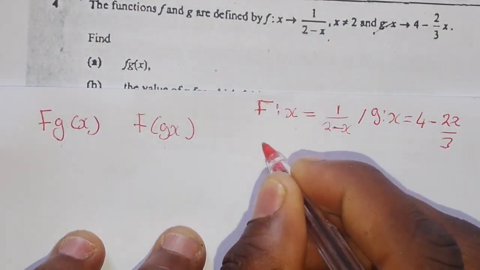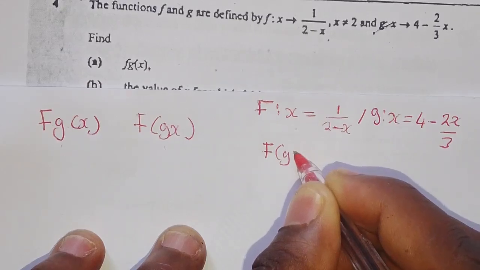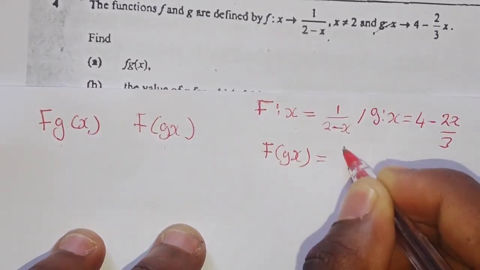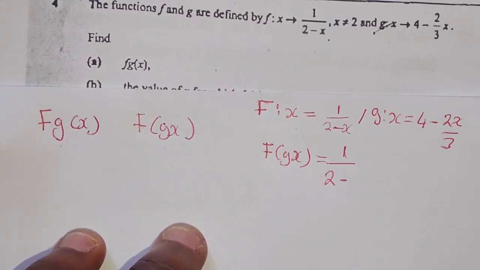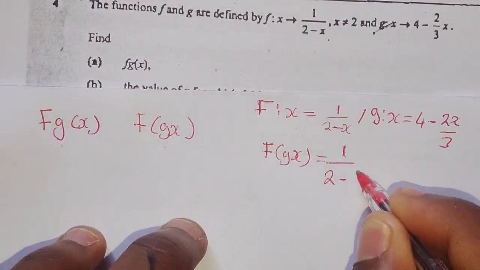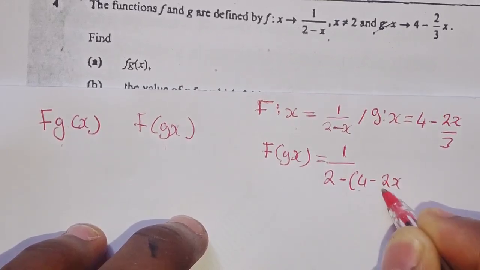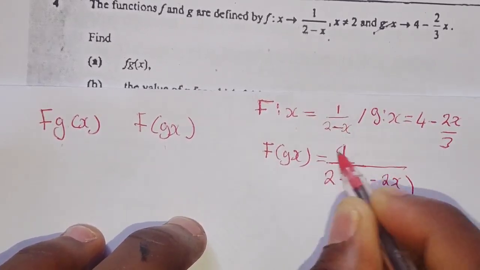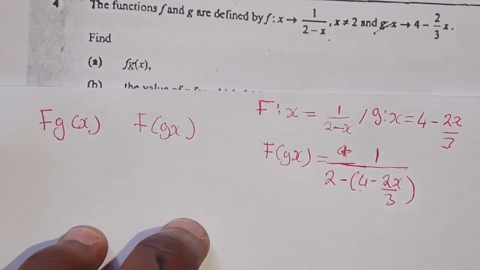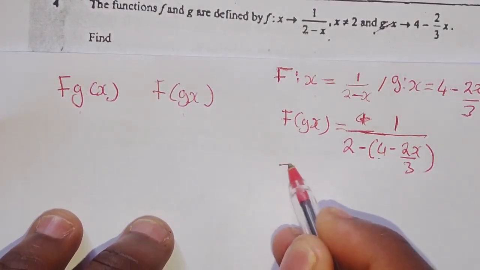So we're going to have fg of x is equal to 1 over 2 minus, remember, where there is x we replace with the function g of x, so we have 4 minus 2x over 3. The 1 is here, so let's write a 1 on top. Then we expand.